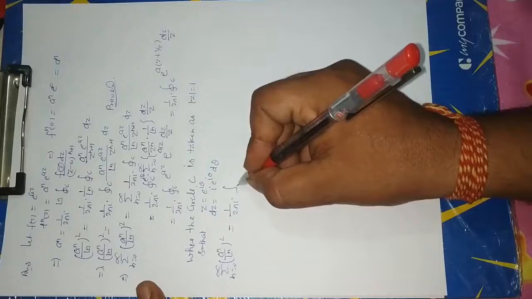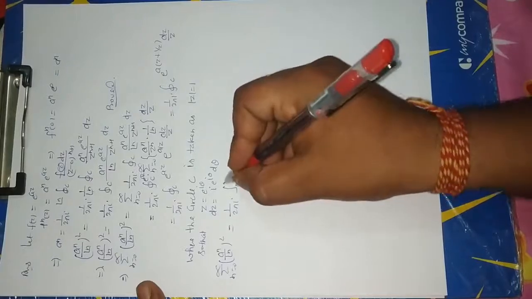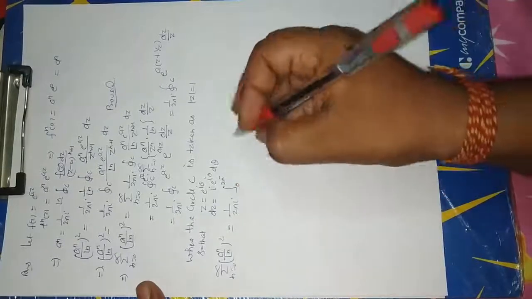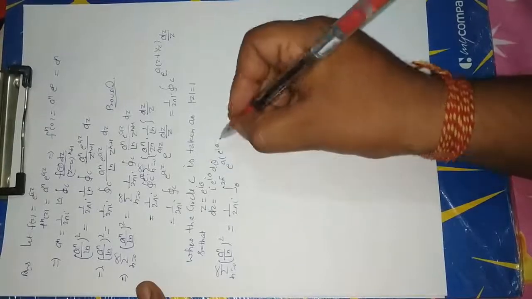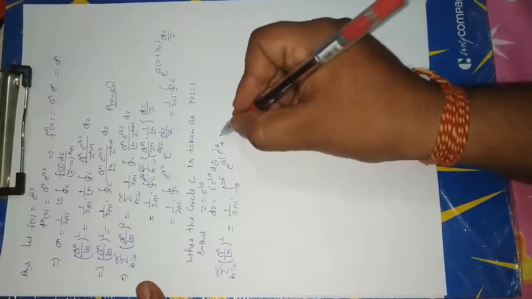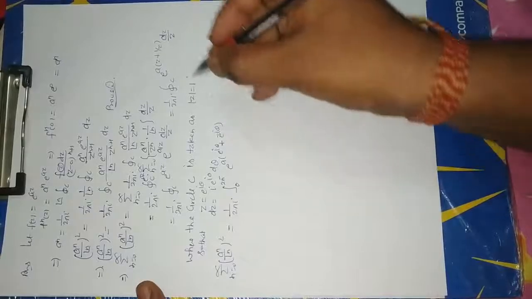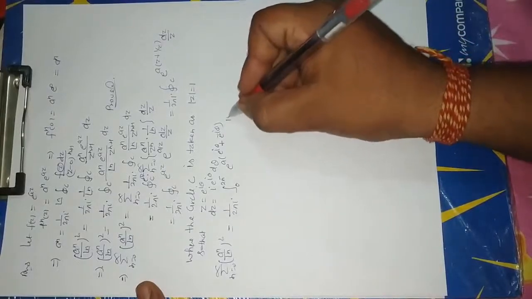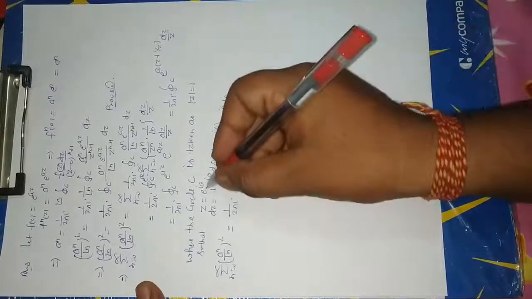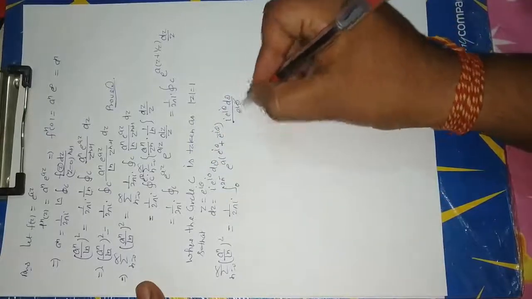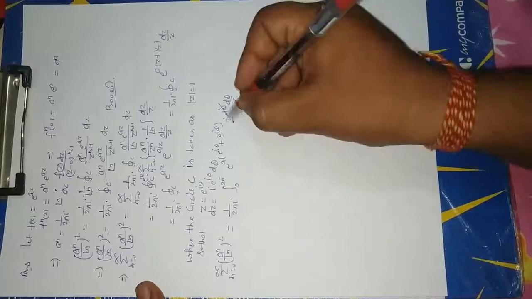Therefore the value of the limit 0 to 2 pi e to the power a (z equal to e to the power i theta) e to the power i theta e to the power minus i theta, dz equal i e to the power i theta d theta upon z, value of z e to the power i theta. e to the power i theta cancels by this and i cancels by i.